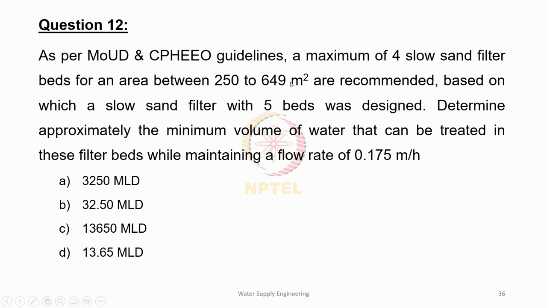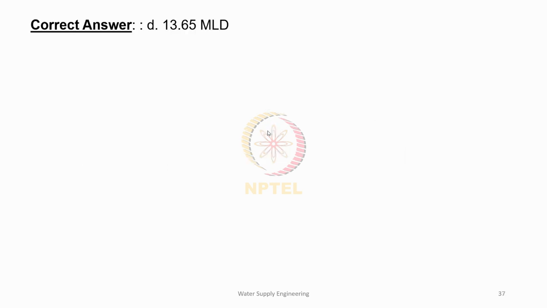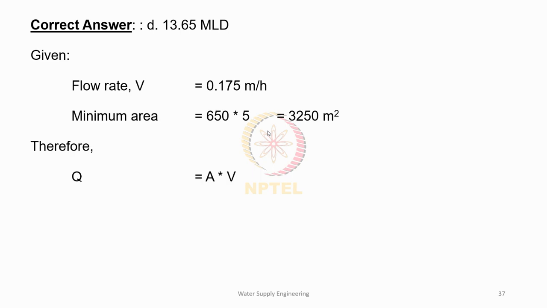So we can assume any value above 649. Since we need a minimum volume of water, we are going for minimum area, right? Okay. Thank you. So now moving on to the next question.